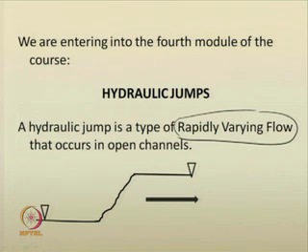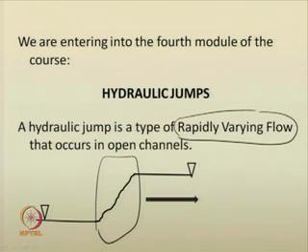Here, the rapidly varying hydraulic jump is a change in the water profile that occurs in a rapid form. You see here, this is the water surface profile, maybe a supercritical flow here and a subcritical flow here. All of a sudden, the depth of the water changes in a short reach.